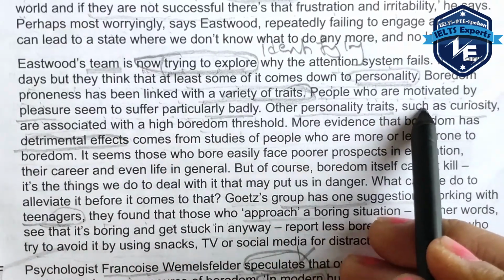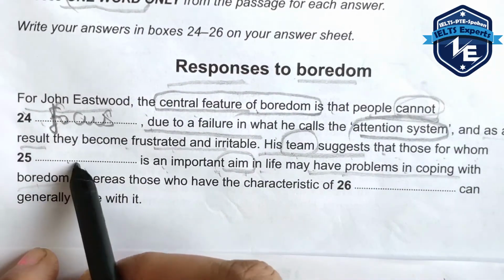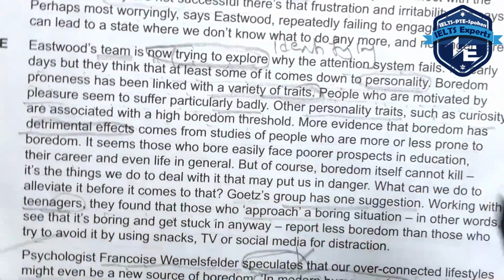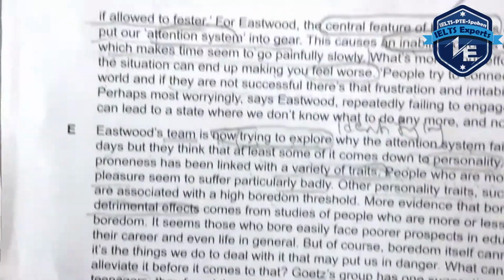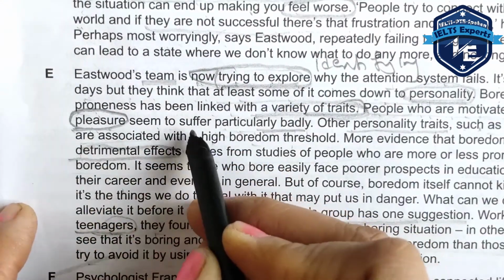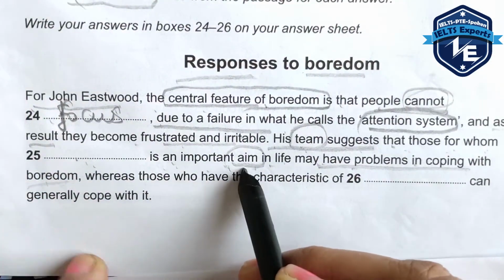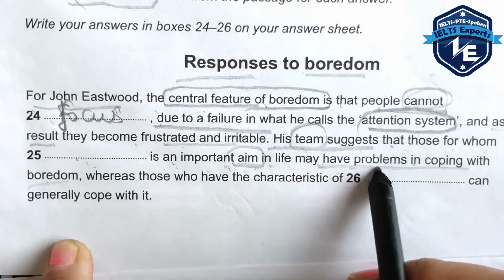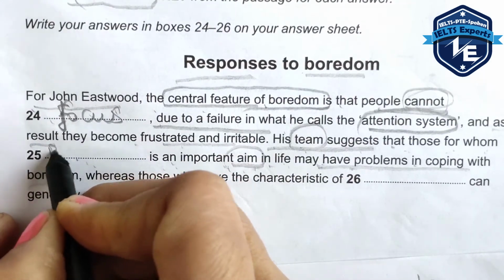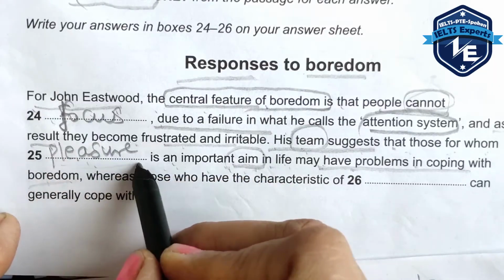In the paragraph they are talking about personality: those who are motivated by pleasure are going to suffer badly. So it will be pleasure. Their main motive in life is pleasure.